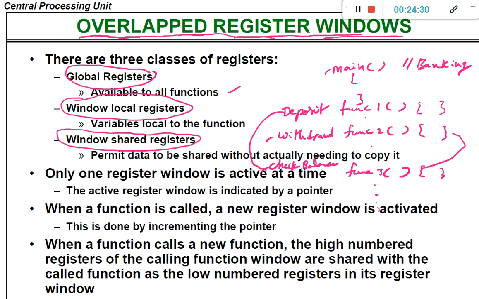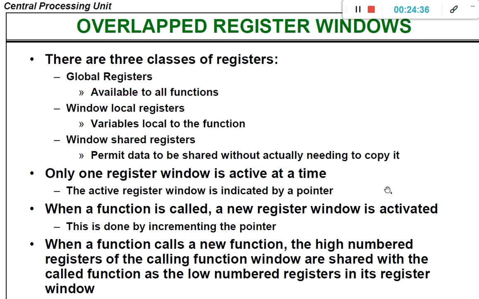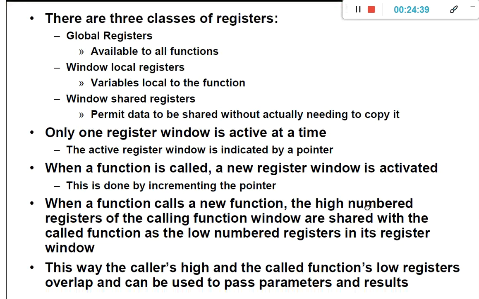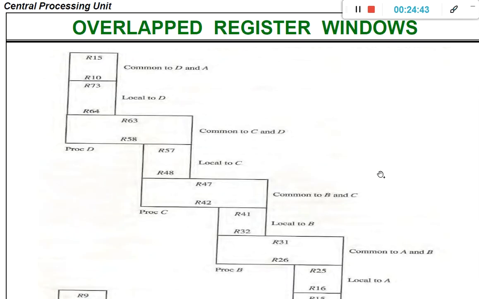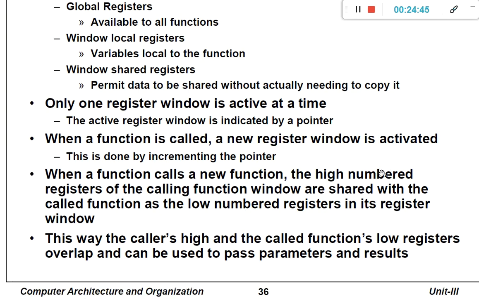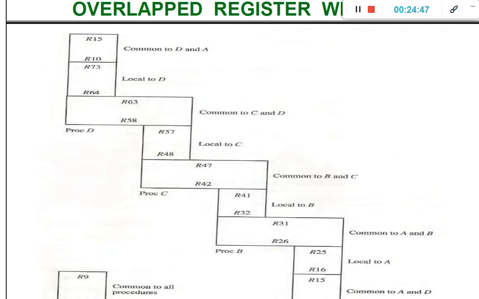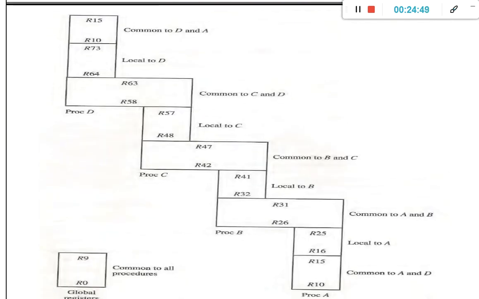Like this, we are going to implement the overlapped register window. We will see a diagram which is going to show you the sharing of the registers so that you can better understand. Here you can see the sharing of the overlap registers. How many windows are there?